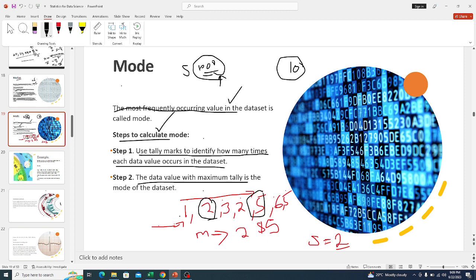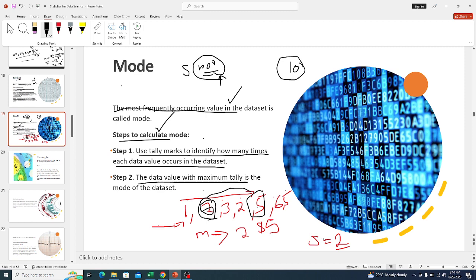Why? Because in our data set, 2 is coming first, before 5. But don't confuse that with numerical order. In fact, let's assume I have 6 instead of 2.